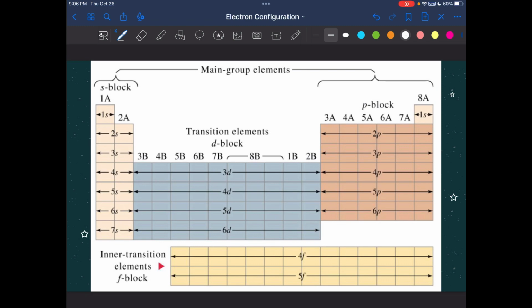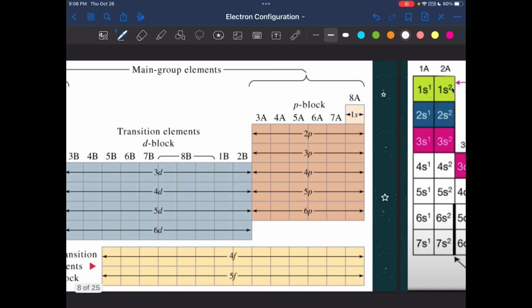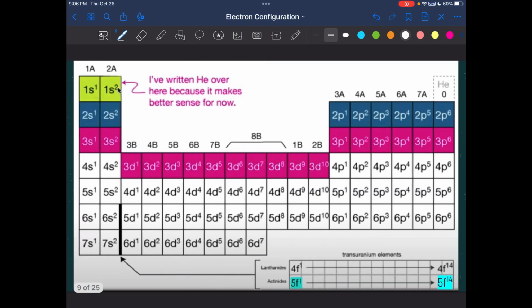Now, if you want more detail of it, well, here's the next periodic table. This specifies each individual element and where they're located and how we should write it down. But I'm going to teach you guys a way that it should help you understand without even looking at these specific detailed periodic tables.